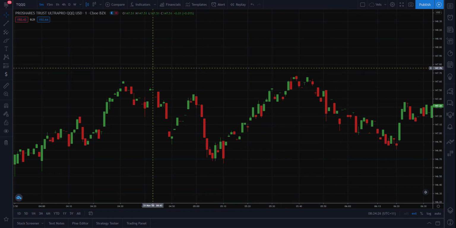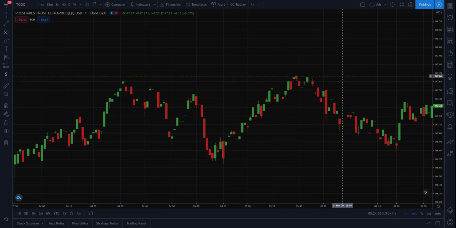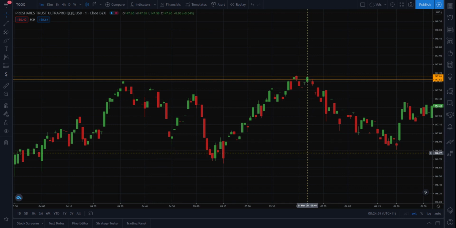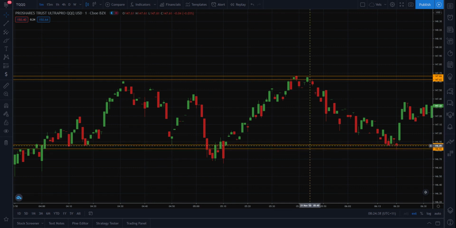Now, if you happen to stumble upon a horizontal pattern where you can determine where the resistance and the support may be, then your strategy could be to buy when it's at the support and sell when it's at the resistance.